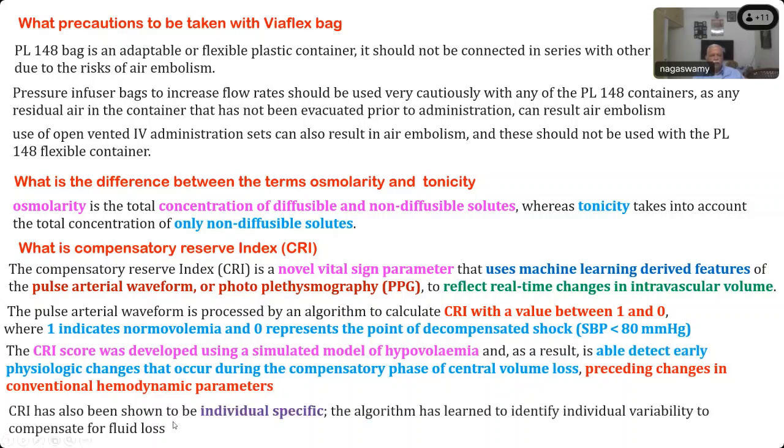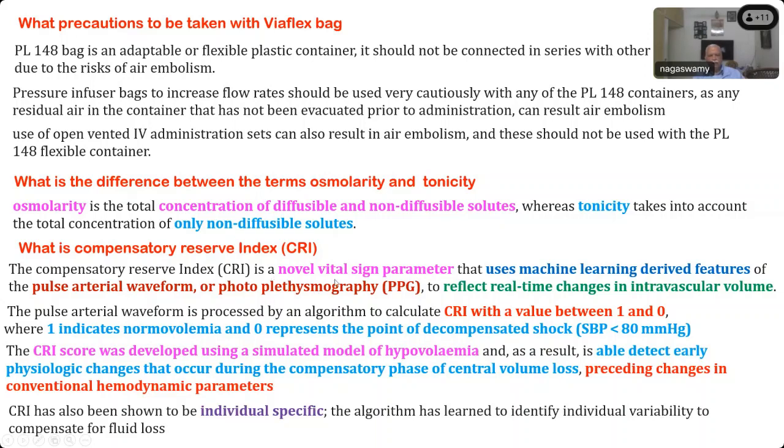And this has also been shown to be individual specific because the algorithm has learned to identify individual variability to compensate for fluid loss. It is almost like using some sort of artificial intelligence for the management and the early identification of hypovolemia in the patient.